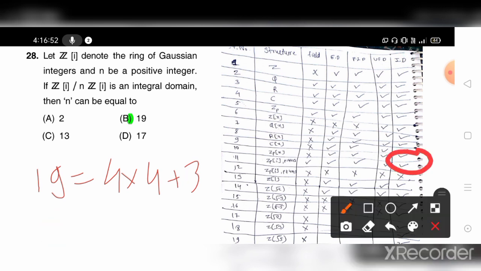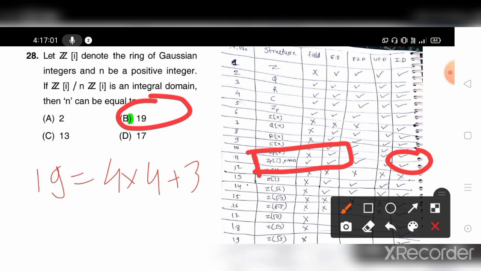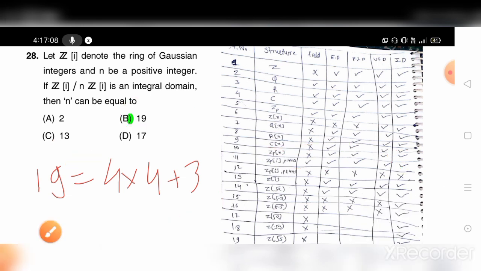Here given integral domain, it is of the form p equals 4k plus 3. So 19 is written as 4 into 4 plus 3. Others are wrong. So option B is correct.